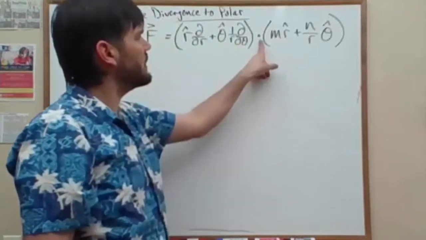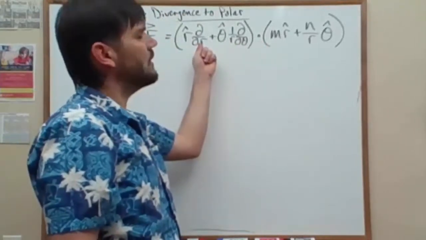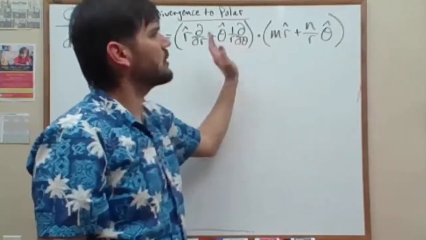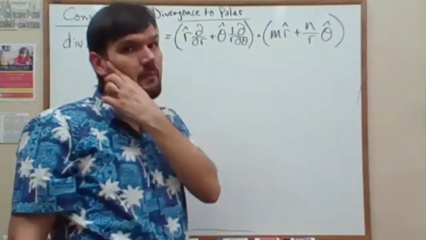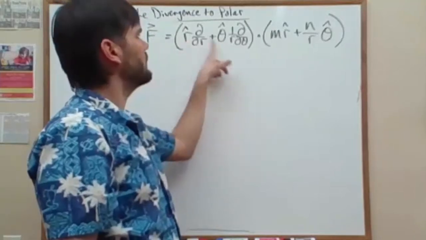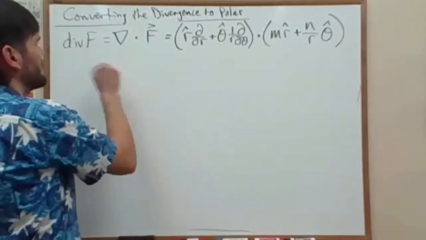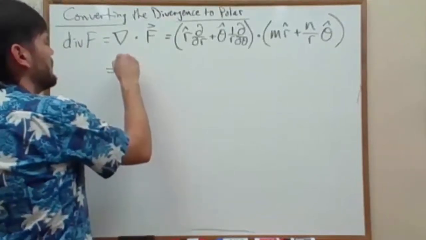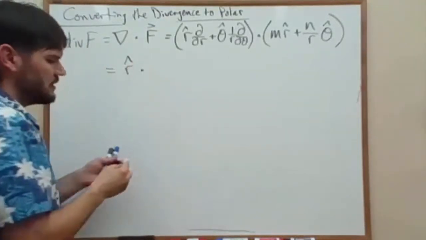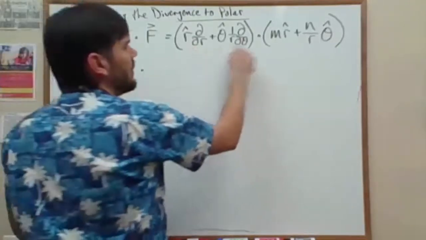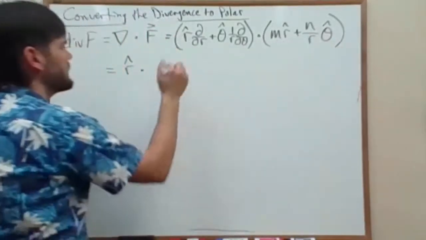But before we can do that, we need to take the r partial of the whole right-hand side and the theta partial of the whole right-hand side before dotting with their respective directions. So before we dot with r hat, we need to take the r partial of both pieces.